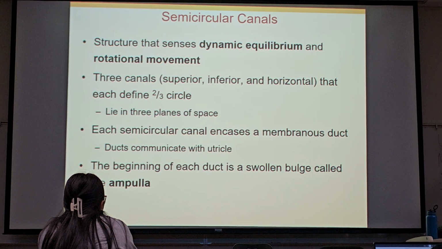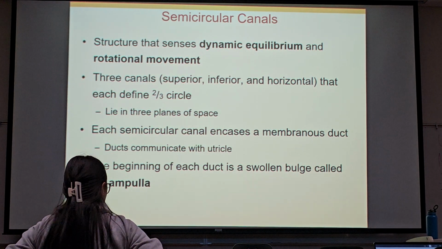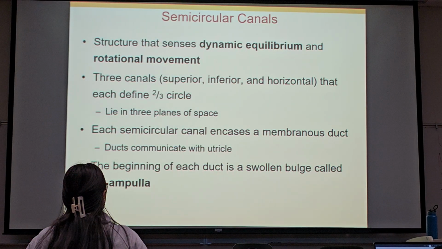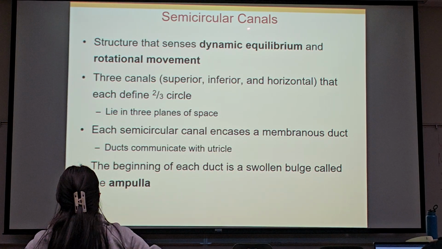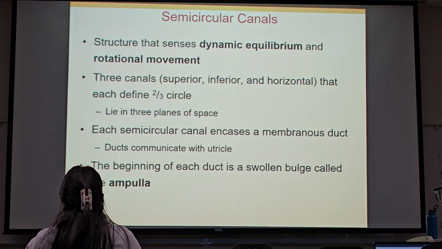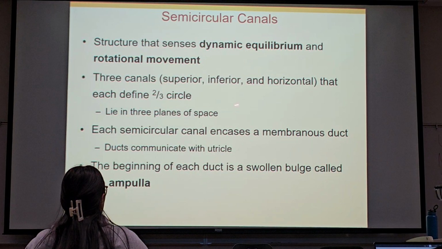Spinning is detected at the semicircular canals. This is dynamic equilibrium. That means we are rotating, it's a moving equilibrium. The semicircular canals consist of three canals: superior, inferior, and horizontal.